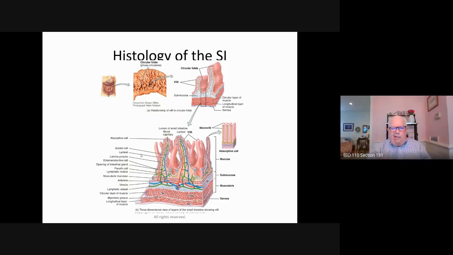The other cell in the small intestine that's important is the EE cell, the enteroendocrine cell. This cell produces two hormones. We'll talk about those two hormones in another slide, okay? But the majority of these cells are absorptive cells because 90% of all absorption takes place in the small intestine.